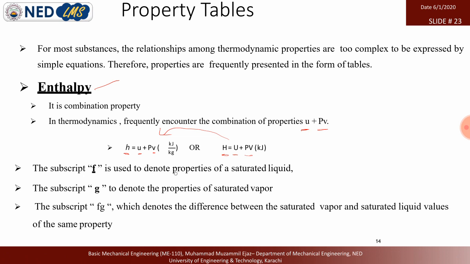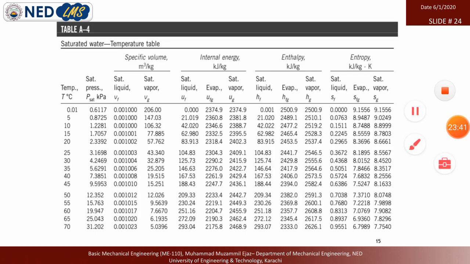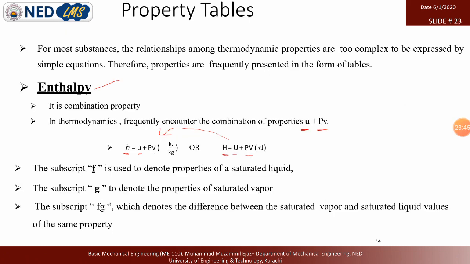The subscript f is used to denote the properties of saturated liquid. The subscript g denotes the property of saturated vapor. The subscript fg denotes the difference between the saturated vapor and saturated liquid values of the same property. So I hope you understand these properties.